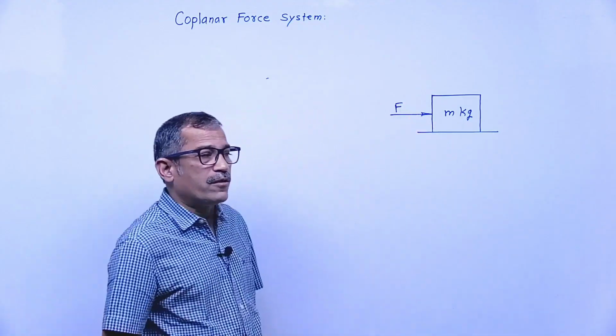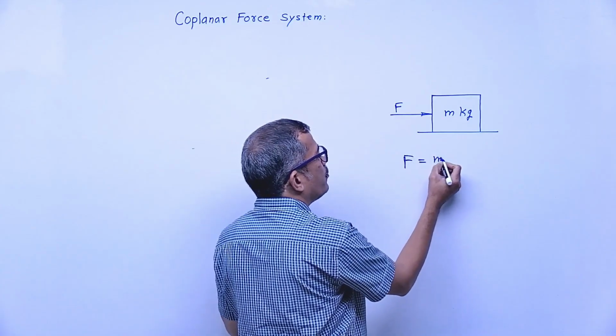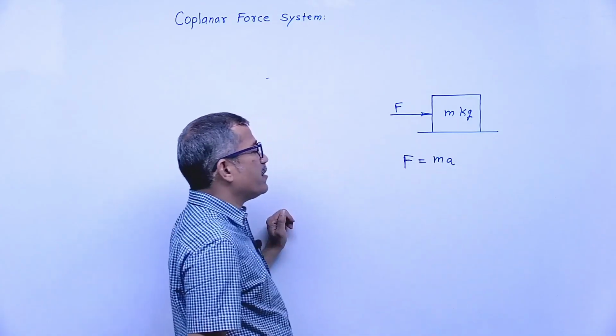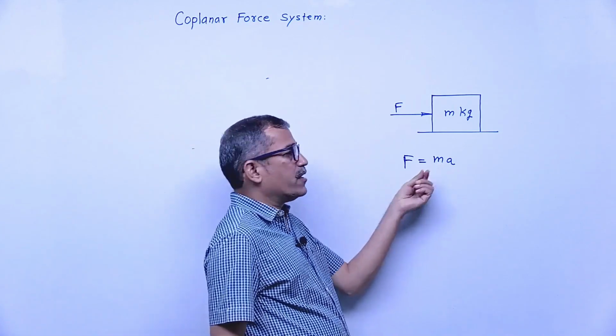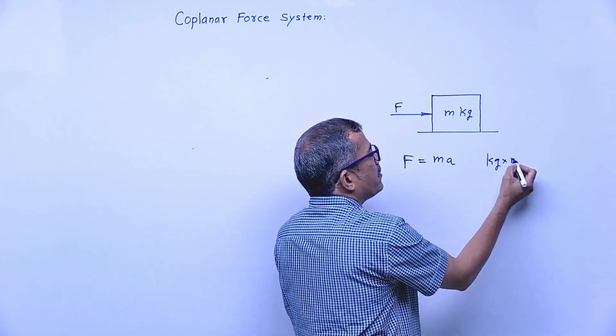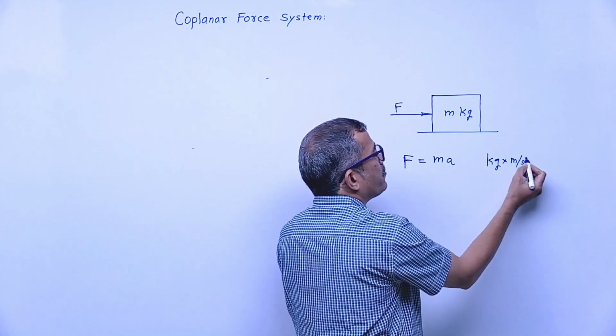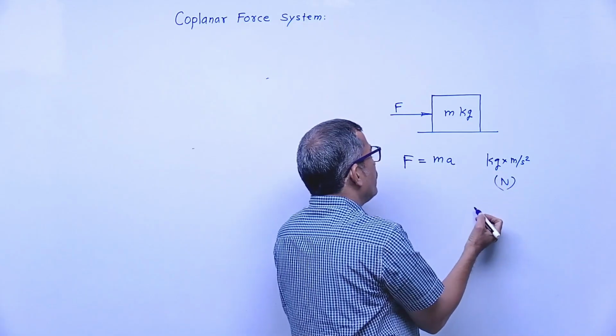You all know Newton's law: F equals m into a. You are all brilliant, right? Now the unit of mass is kg, and the unit of acceleration is meter per second square. So kg meter per second square means Newton. The unit of force is Newton.